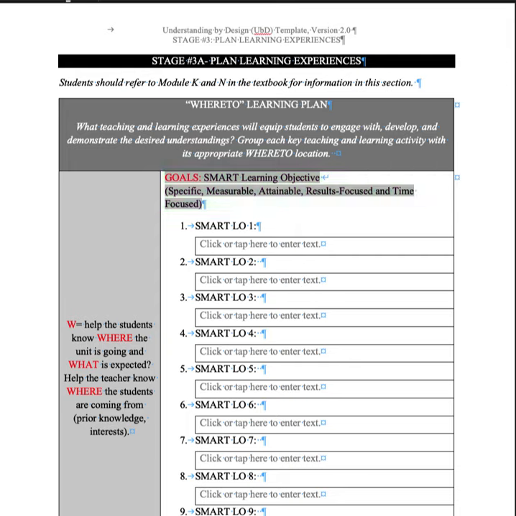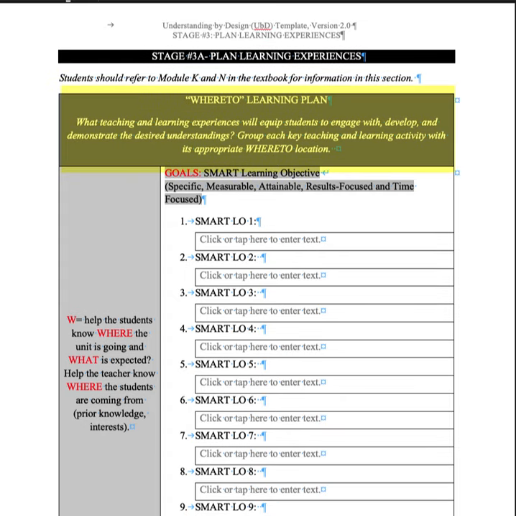More importantly, we are building this entire stage off of the WHERETO, where each letter is designated to something specific. For instance, W is where is the unit going and what is expected. The H is hook and hold.